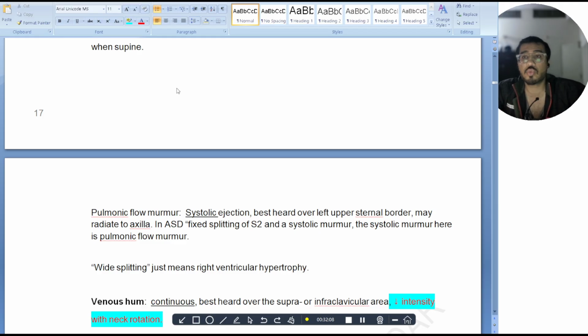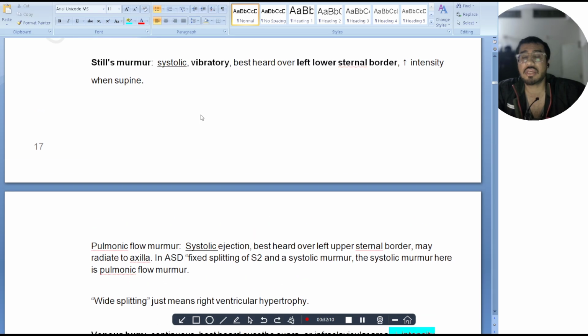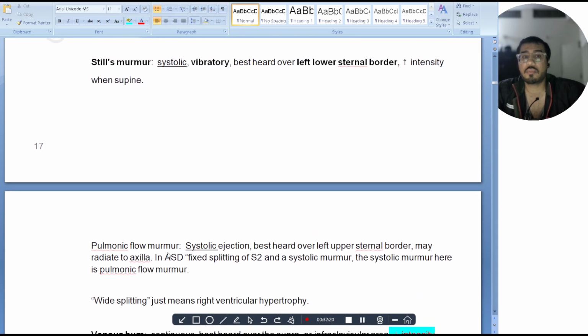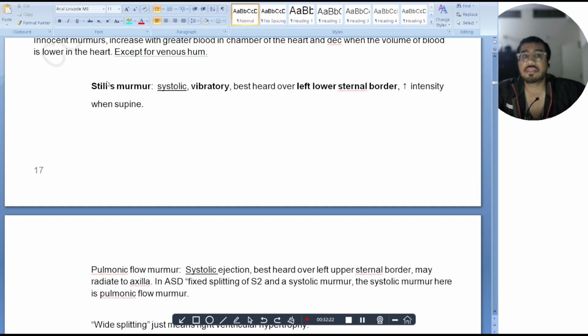These innocent murmurs would not be associated with any pathology like respiratory distress, hypoxemia, or heart failure. They are systolic in nature. As for location: pulmonic flow murmur at the pulmonic area, and Still's murmur at the left lower sternal border.